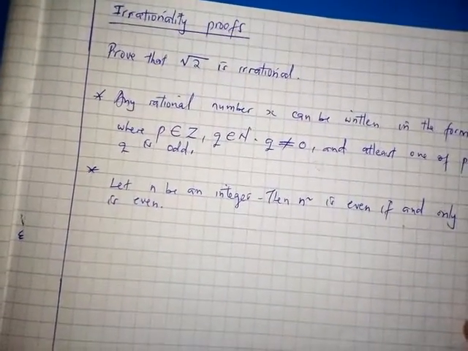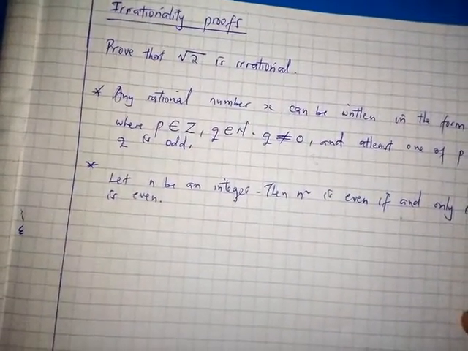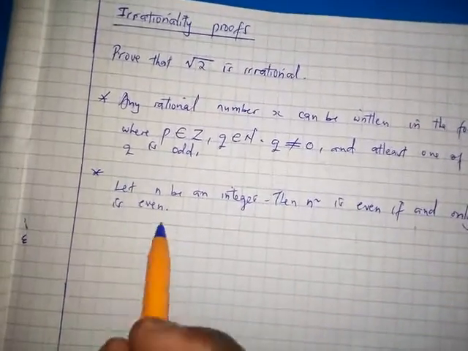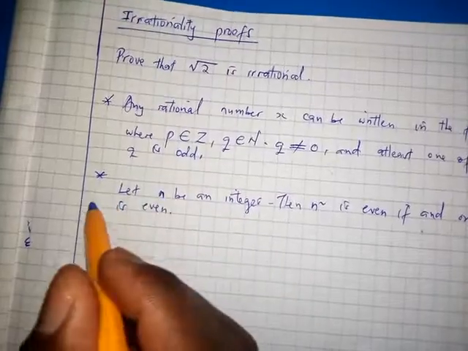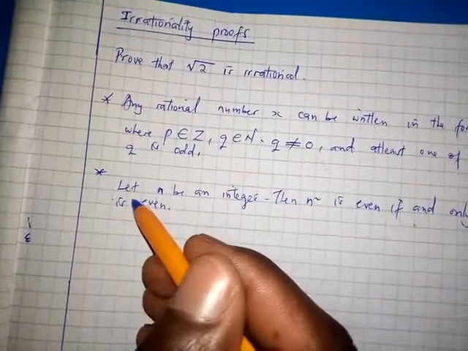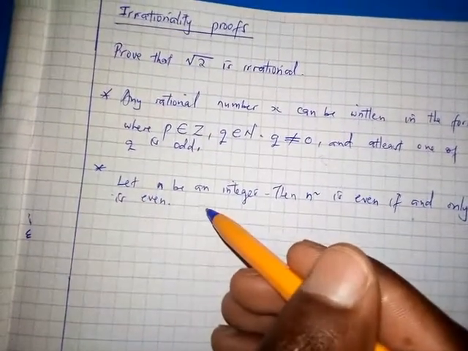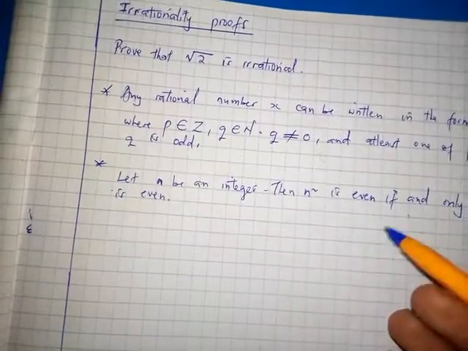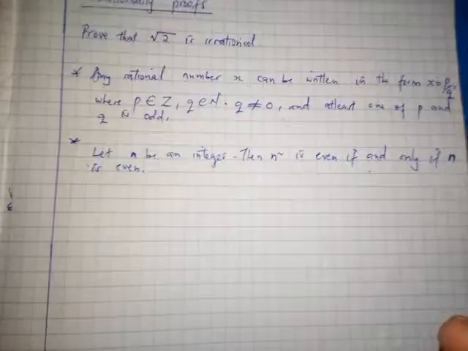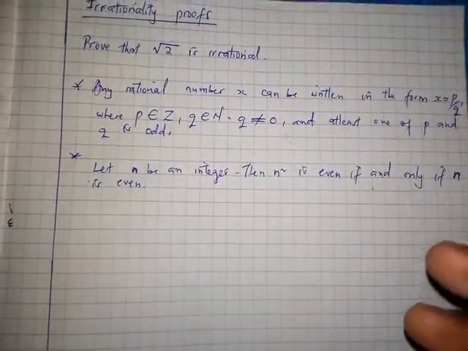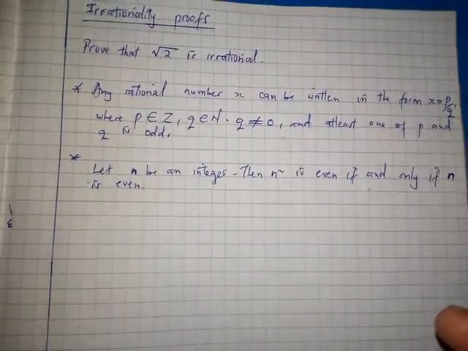Remember, there's a video I have created on this result, this property, that says let n be an integer, then n squared is even if and only if n is even. If you haven't watched that video, please make sure you watch.